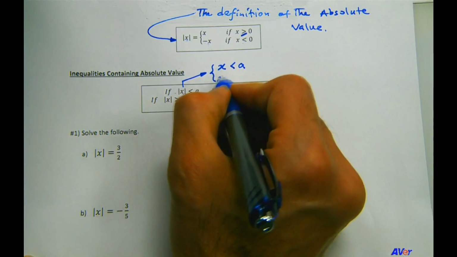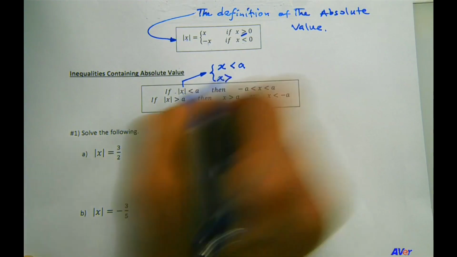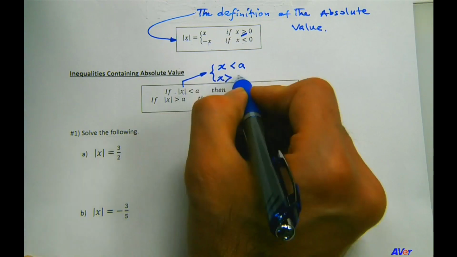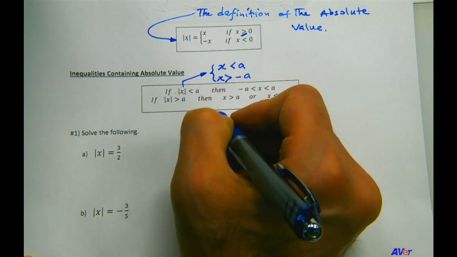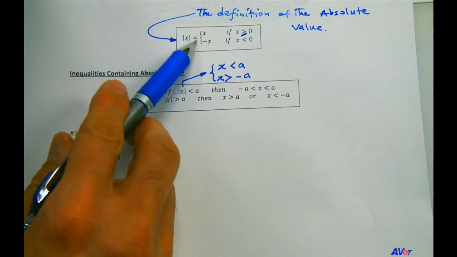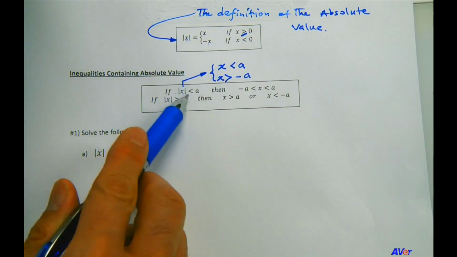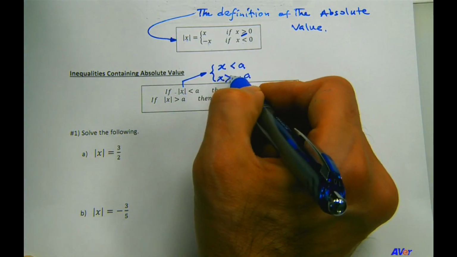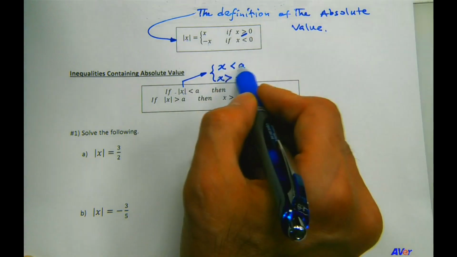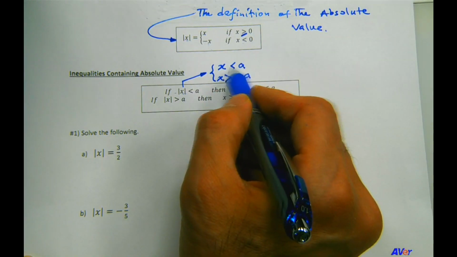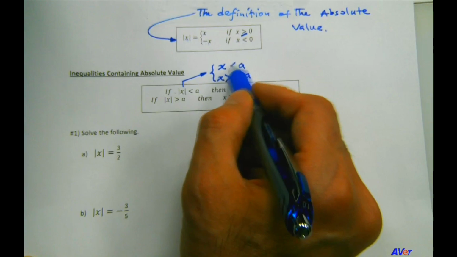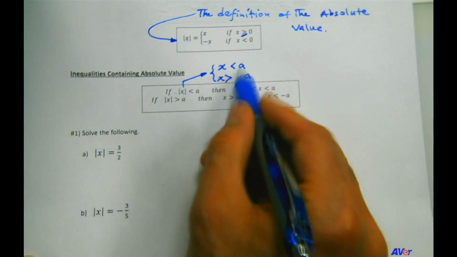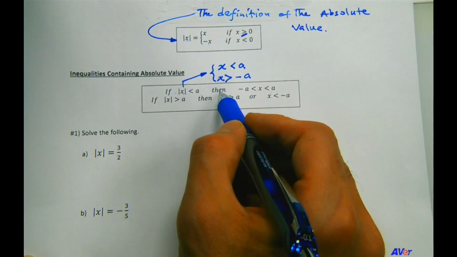So we'll have x greater than minus a. So I'm applying the absolute value definition to an absolute value inequality. Because of this inequality symbol, I have to take into account that when I multiply this side by -1, the inequality will change direction. So we end up with x less than a and x greater than minus a.